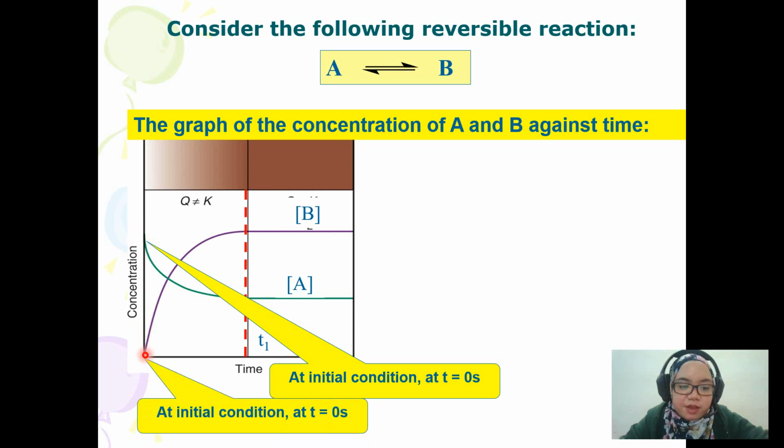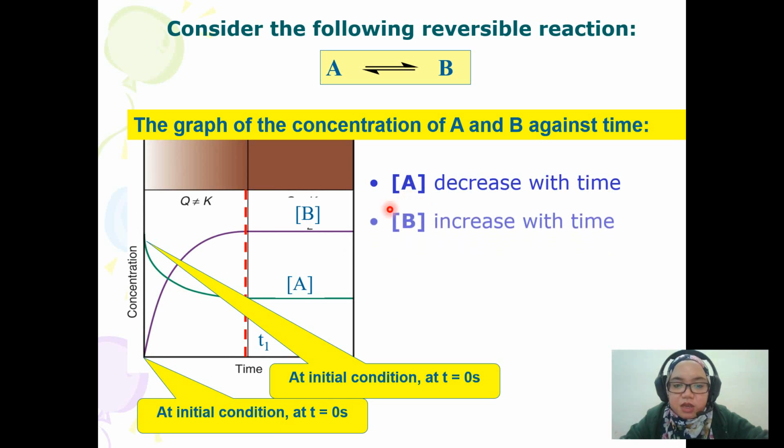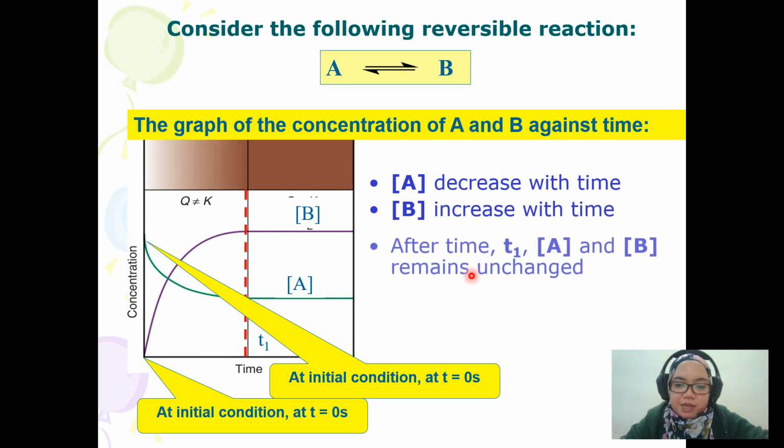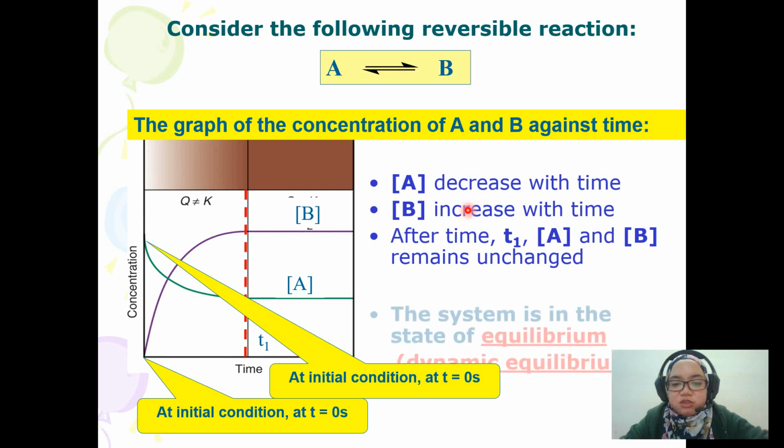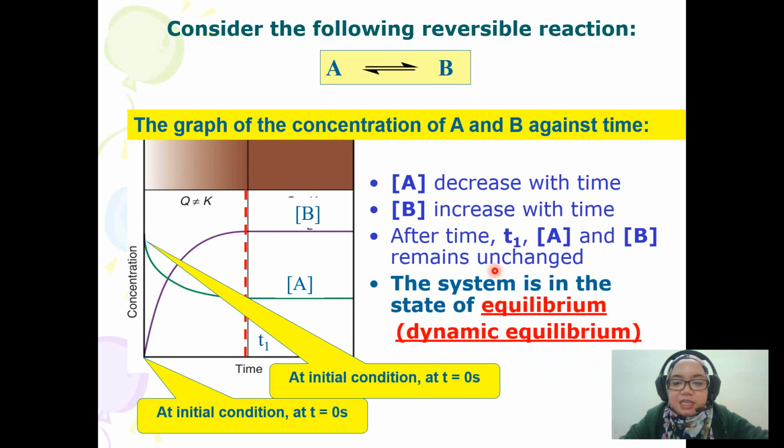For both of them, at initial condition t equals 0. So concentration of A decreases with time, concentration of B increases with time. So after time T1, concentration of A and concentration of B remain unchanged.